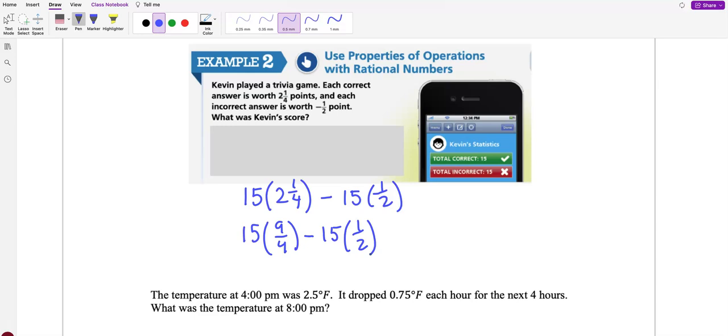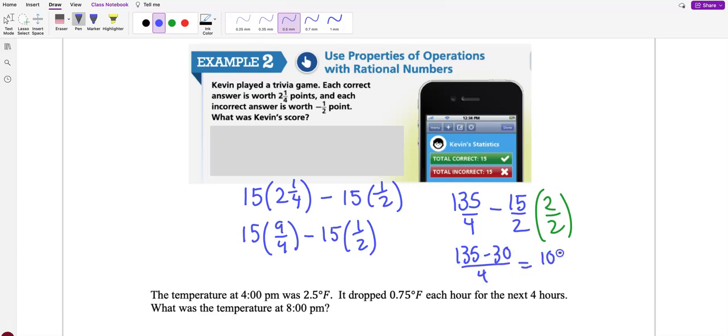So 9 times 15 is what, 90 plus 45, 135 over 4 minus 15 over 2. Common denominator is going to be 4 here. So this is 135 minus 30 over 4, which is 105 over 4. So the score would be 105 over 4, or that is 21 and 1/4.